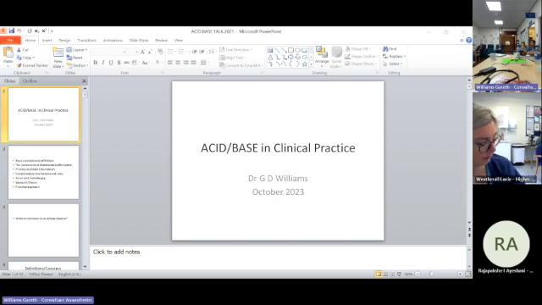Do we know the definitions of base deficit or excess, which is the same thing, and standard bicarbonate? What's the base deficit? When we're on the ward and someone asks what's the gas, and he tells me the base deficit is -7, what does that actually mean? It means the amount of acid you need to add to the blood to make it a normal pH at a standard temperature.